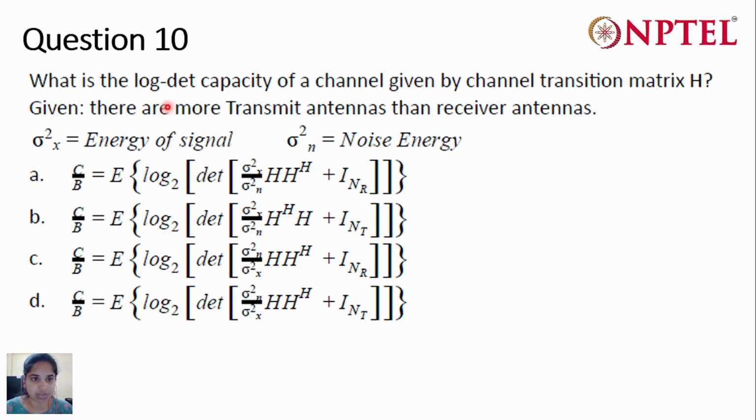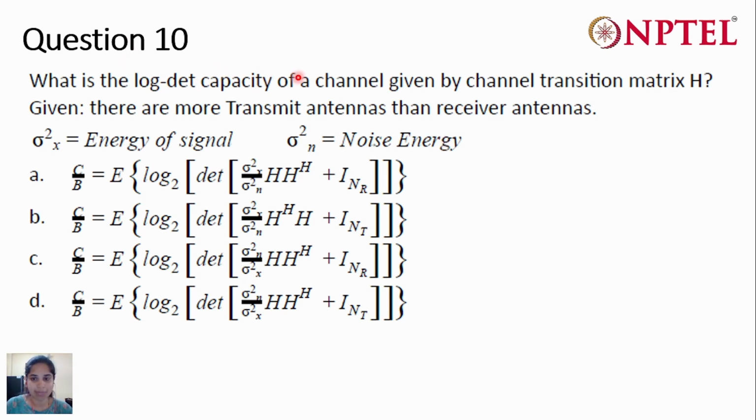Moving on to the next question. What is the log det capacity of a channel given by channel transition matrix H? Here, it is given that there are more transmit antennas than receive antennas. So NT is greater than NR. That is the situation. And sigma x square is the energy of the signal and sigma n square is the noise energy.